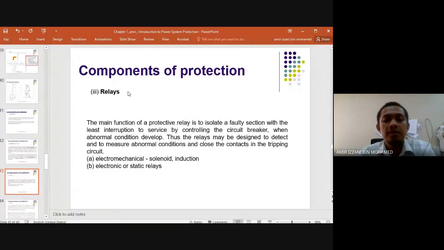When the relay is energized, it will open or close the circuit of the circuit breaker. It will move the moving contact of the circuit breaker. For a circuit breaker, usually we will have two components, moving contact and fixed contact.